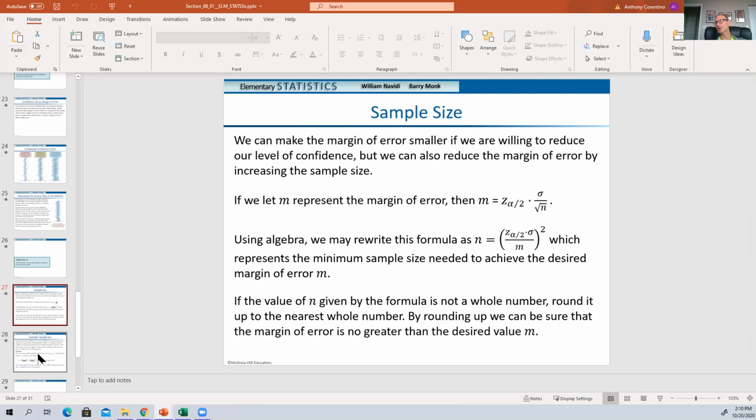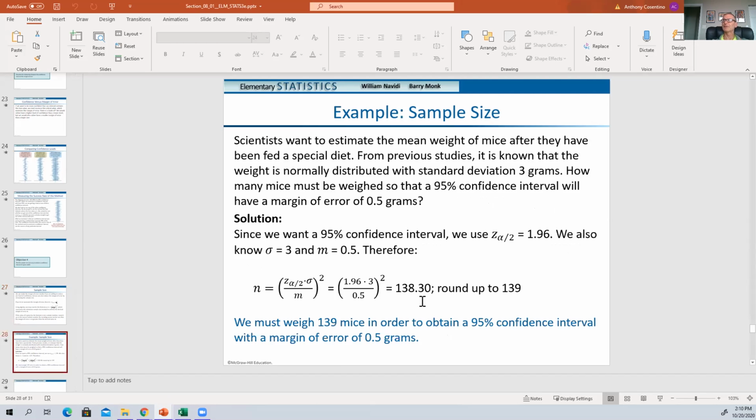Let me just show you one example. Say we have a confidence level of 95%. We know the z-score for that is 1.96. And here we're looking for a margin of error of just half a gram, where we know that the standard deviation of the population is 3 grams.